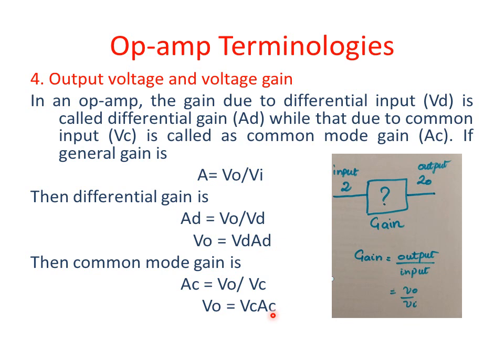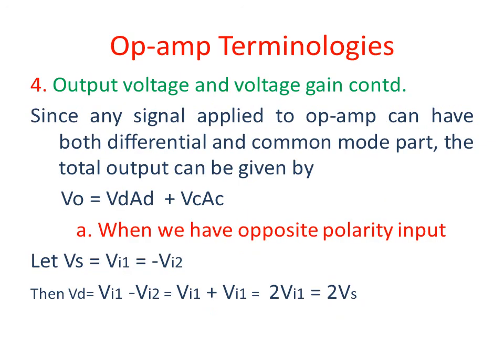No doubt it is giving a 0 at the common signal, but it is processing it, that is why it is giving us a 0, right? So the sum of both these expressions of V0 will be giving us the total value of the output voltage. Let us see that. The total output voltage can now be represented as the sum of Vd Ad plus Vc Ac.